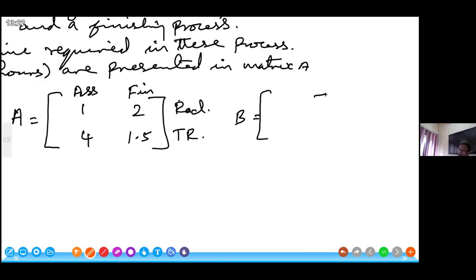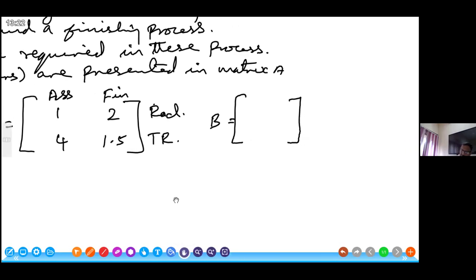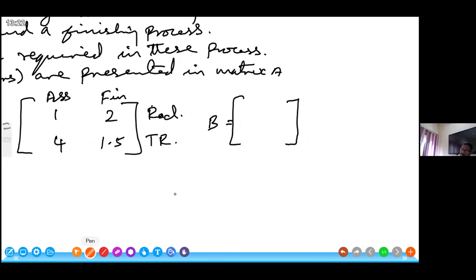So the B matrix represents the hourly payment for the Kandy factory and Colombo factory for assembling as well as for finishing.